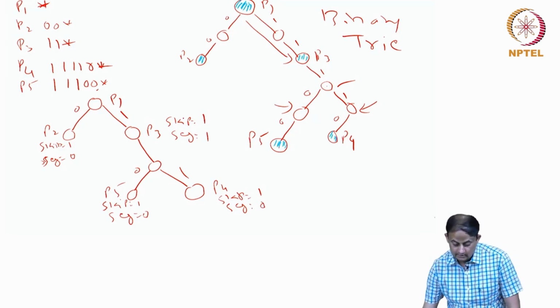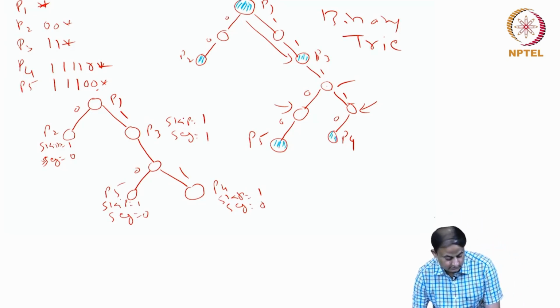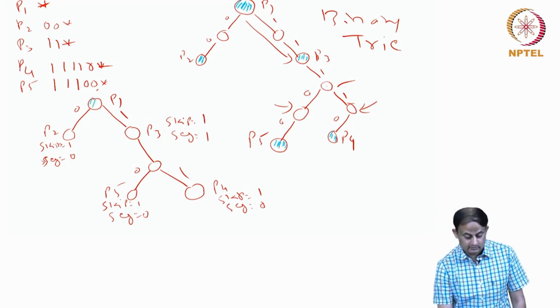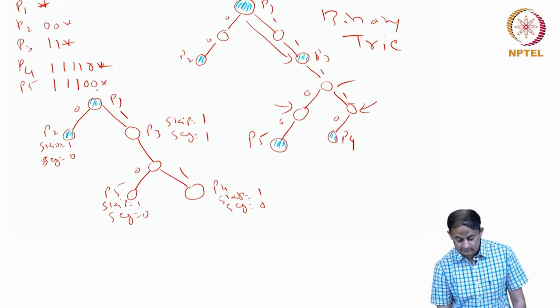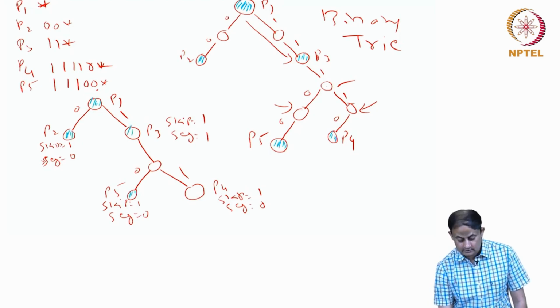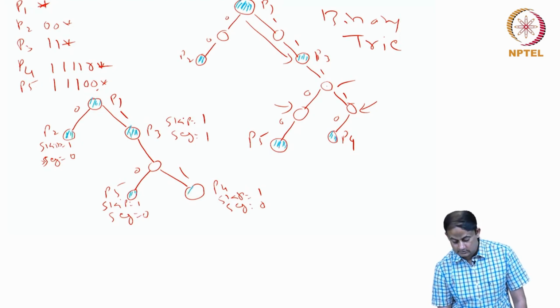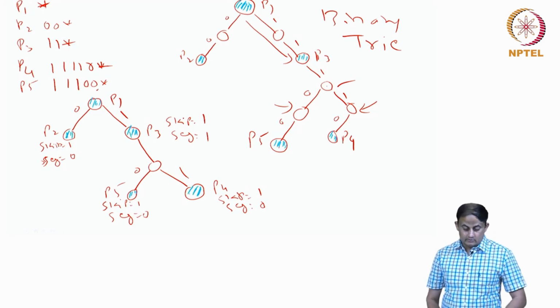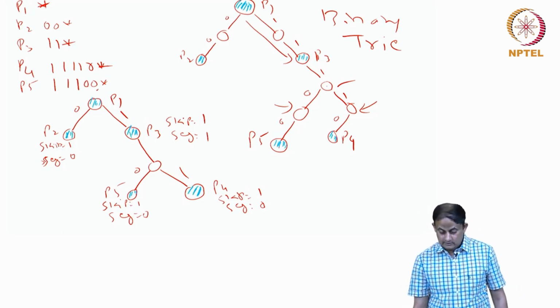And then again I need to highlight these nodes, representing whether they are representing the prefixes. This is representing a prefix, highlight this. This is representing a prefix, so does this one and this one and then this one. So you can now compare. This has got the height of 1, 2, 3, 4 and 5.